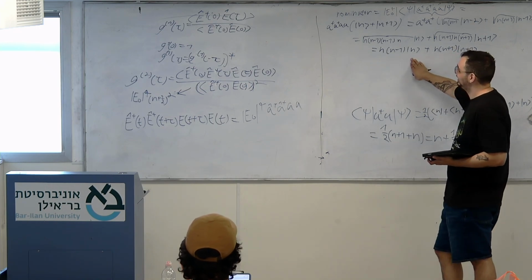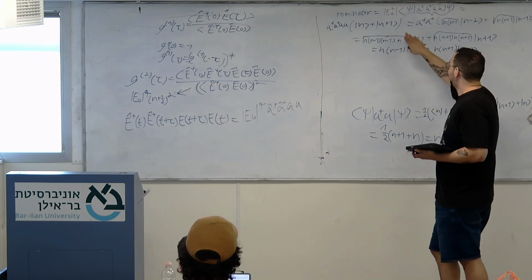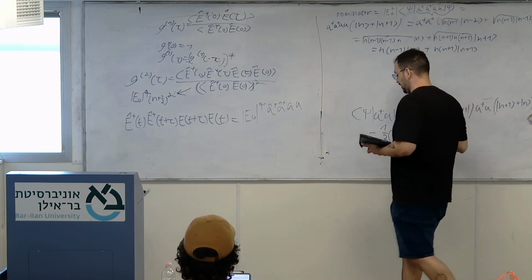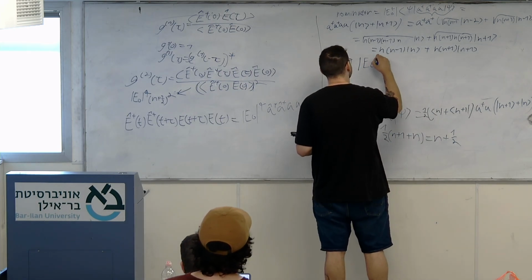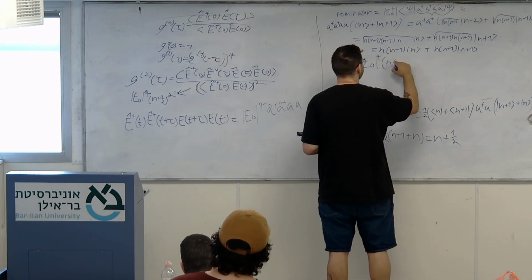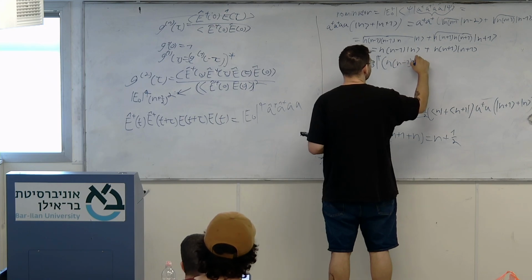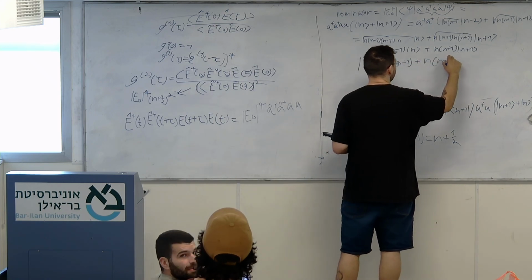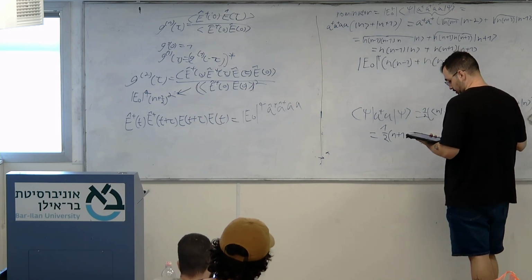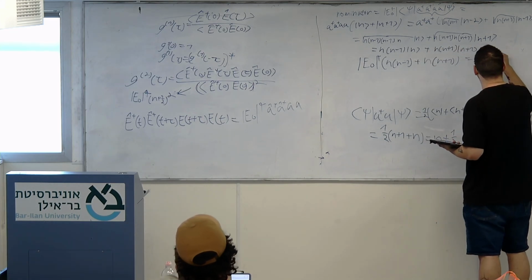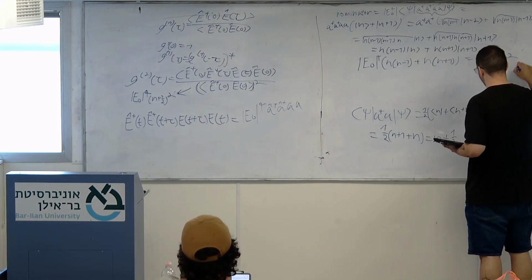It's off the record. So the n will go with the n plus 1, and we get the absolute value of E0 to the power 4 times n minus 1 plus n plus 1. So it will just be the absolute value of E0 to the power 4 times n squared.